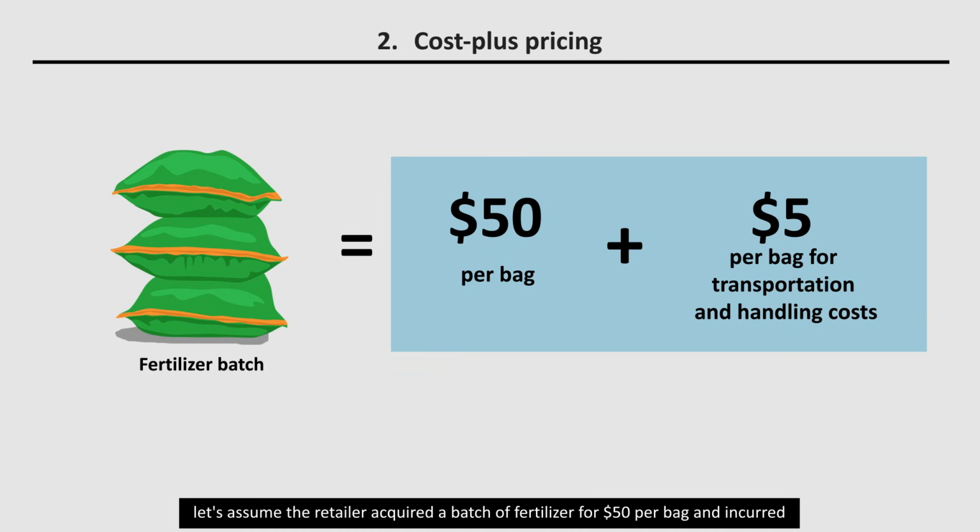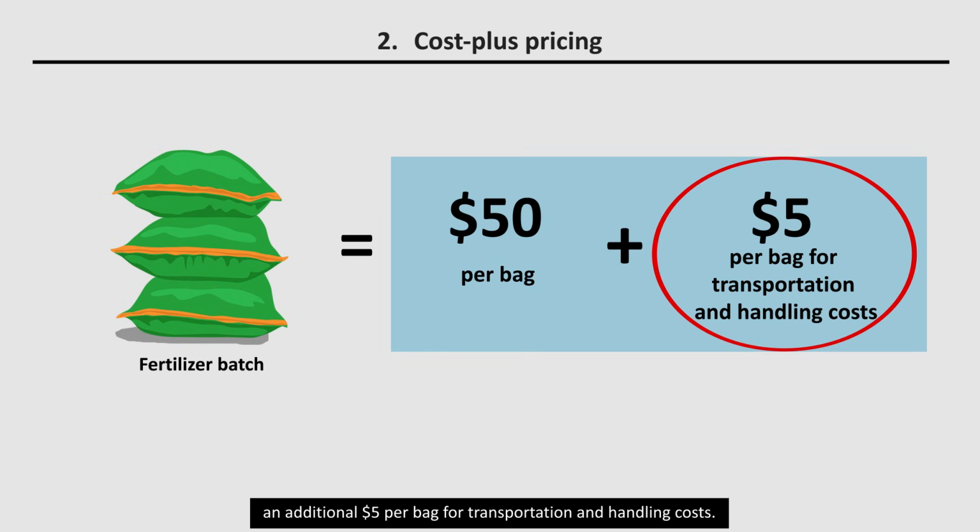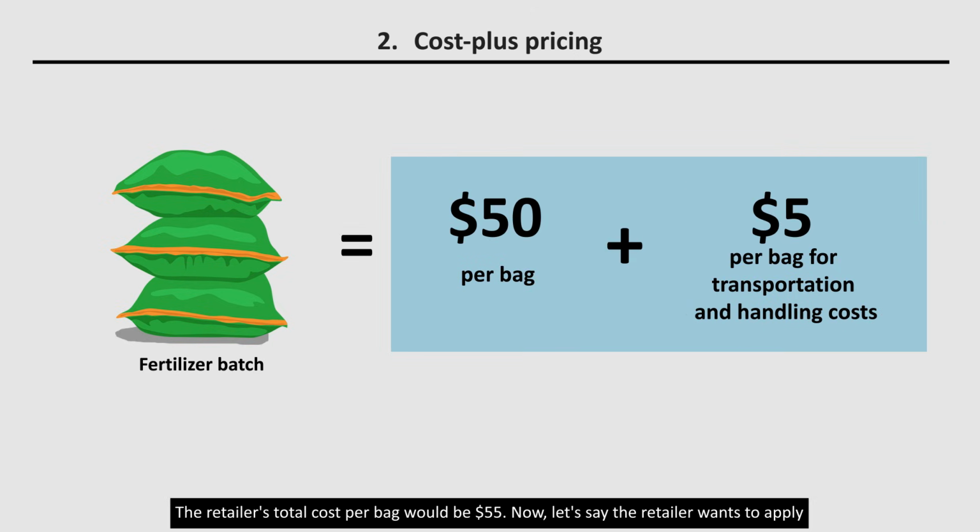For instance, let's assume the retailer acquired a batch of fertilizer for $50 per bag and incurred an additional $5 per bag for transportation and handling costs. The retailer's total cost per bag would be $55.